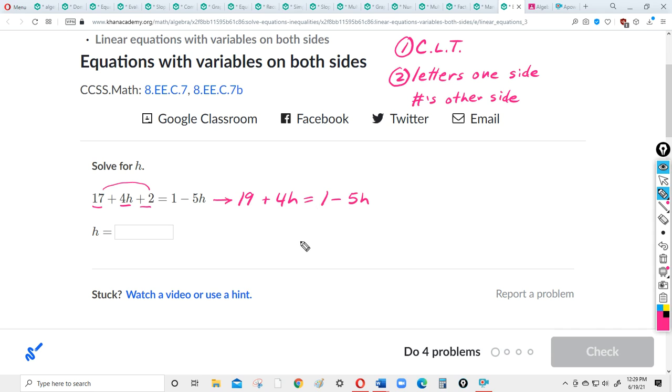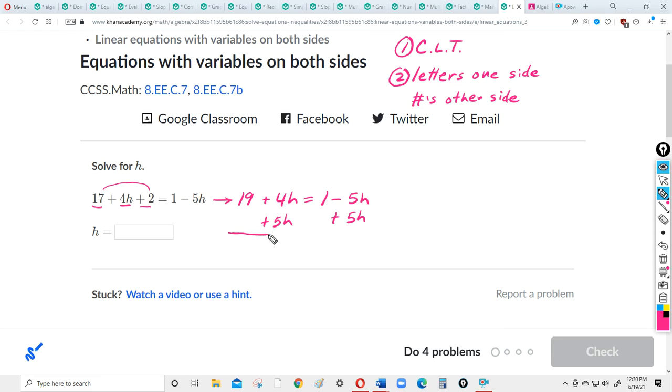We would prefer to have a positive number with the variable. You don't have to do it that way, but it's usually a little easier. So since I have a negative 5h here and a positive 4h, I am going to add 5h to both sides, since the opposite of negative 5h is positive 5h.